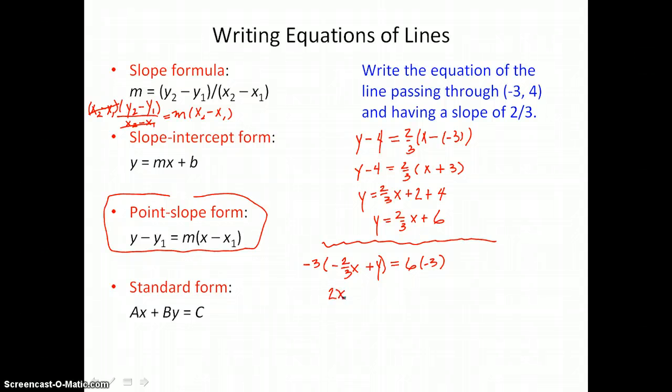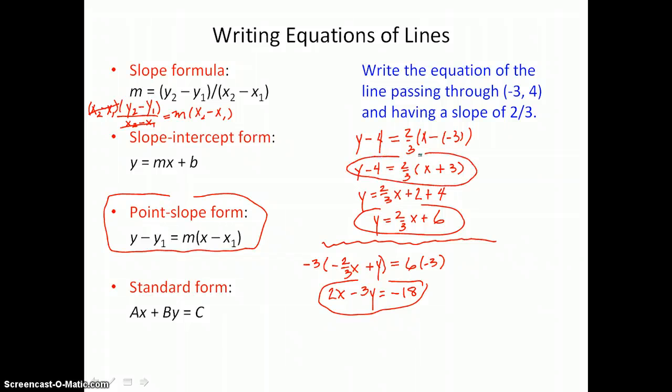So I get positive 2x, and -3 times y is -3y. On the right-hand side, I have 6 times -3, and that's -18. So this equation is in standard form, but the same equation in slope-intercept form looks like this, and the same equation in point-slope form looks like this. They're all the same equation, just 3 different forms.